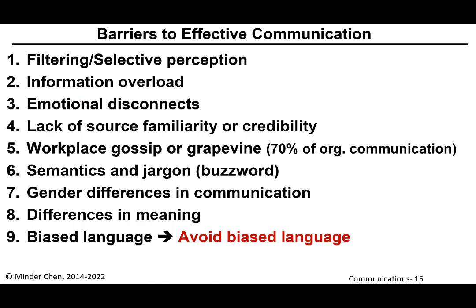Here's just a list of some barriers to effective communication. First of all, the listeners may filter out certain information. They may selectively decide what they want to listen to. Also, most of us are overloaded with information, so you may not get their attention in the first place. If you don't have the empathy to emotionally connect with them, that could be a barrier.